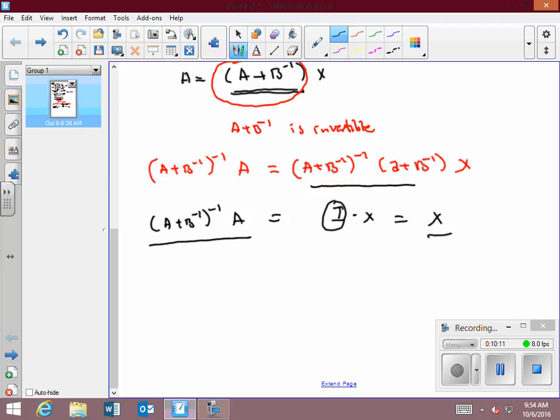Okay, let's look at 22. Oh, I got it. It says, explain why the columns of an n by n matrix A span Rn when A is invertible.